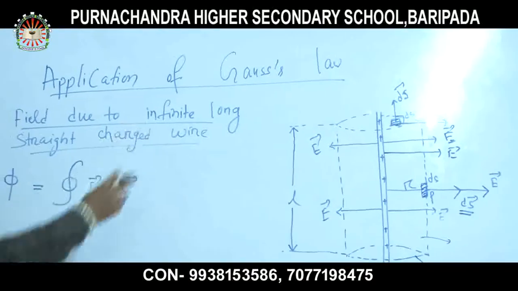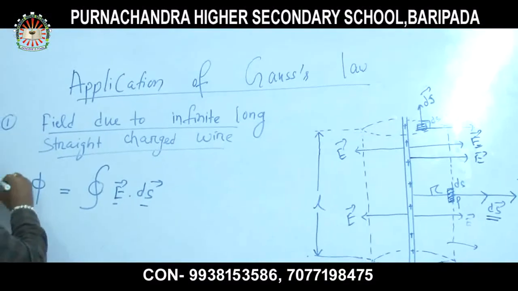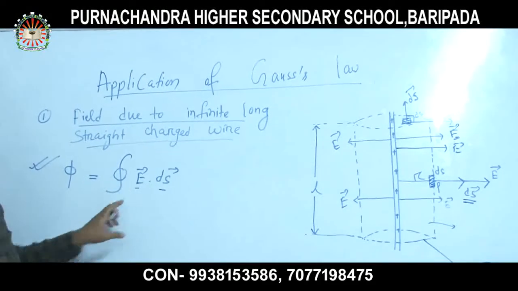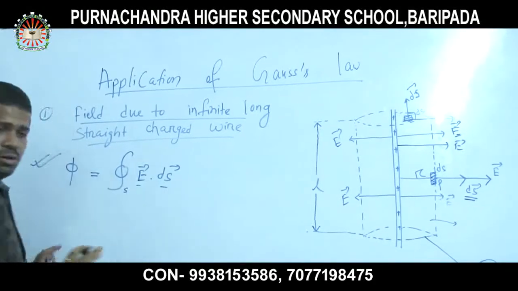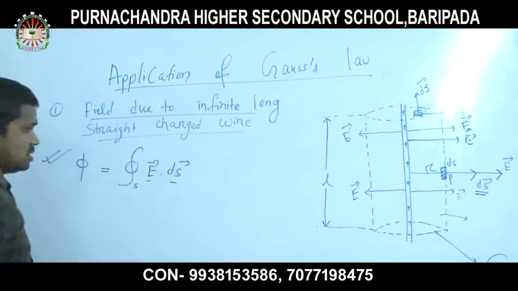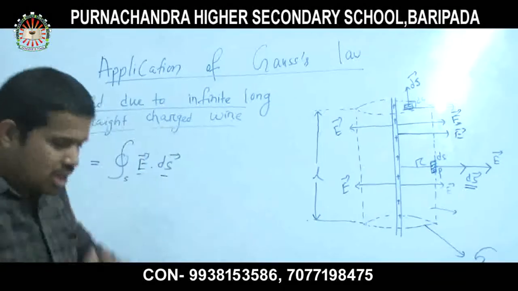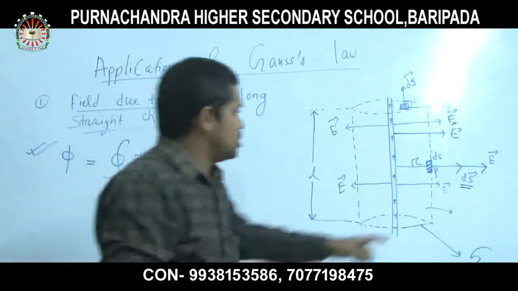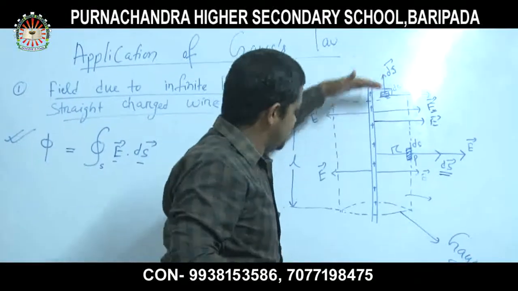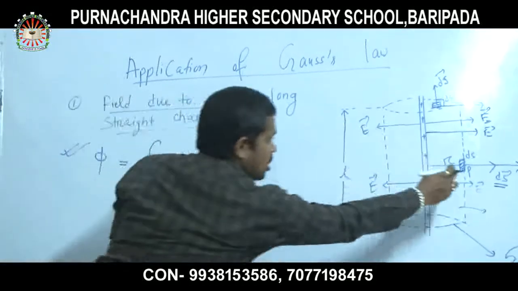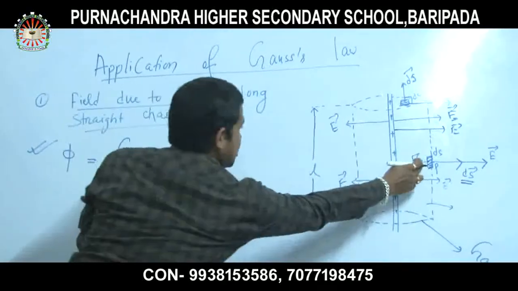So now in these 2 parts we are finding out the electric flux phi. So phi is equal to closed integration over the surface E dot ds. Very simple. So now let us find out the total electric flux, or the total number of electric field lines, over this curved surface and over this plane surface. First of all I will find out for this curved surface, for this ds.